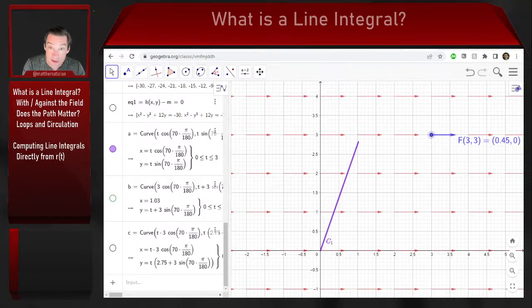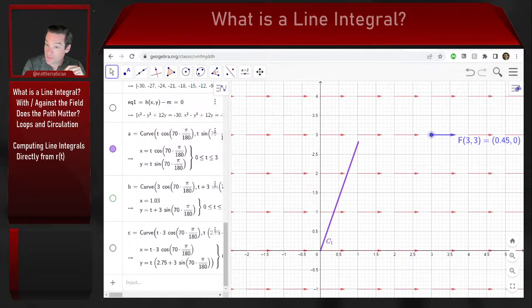Remember that the dot product of two vectors is positive exactly when those vectors make an acute angle with one another. The vectors are more pointing in the same direction than in opposite directions. That's my heuristic on that.